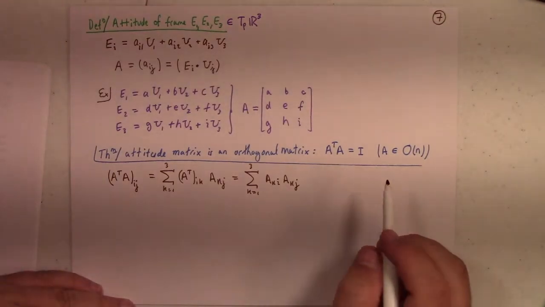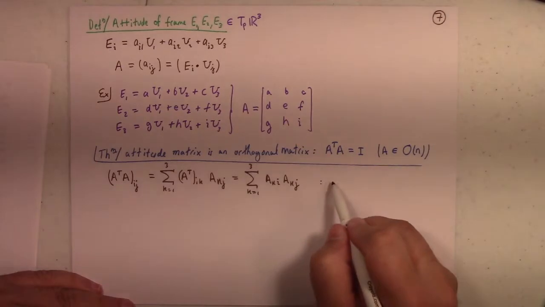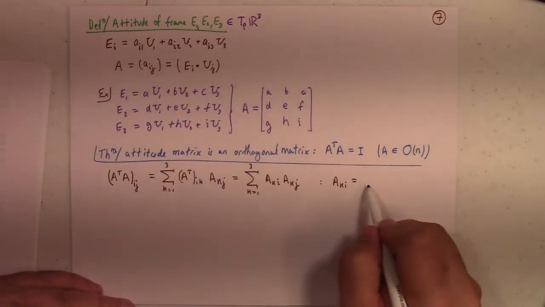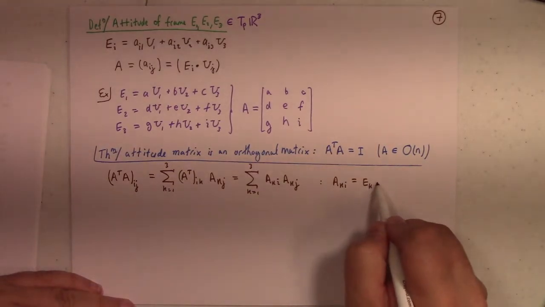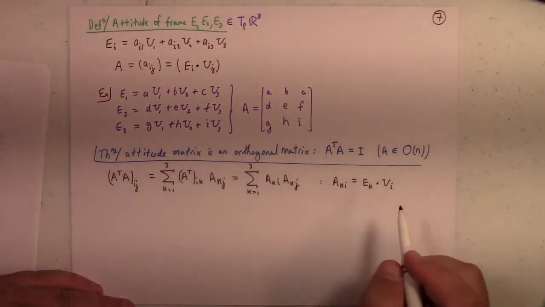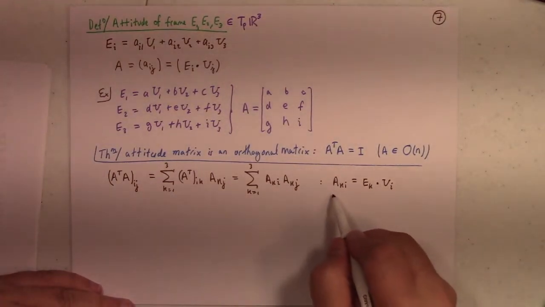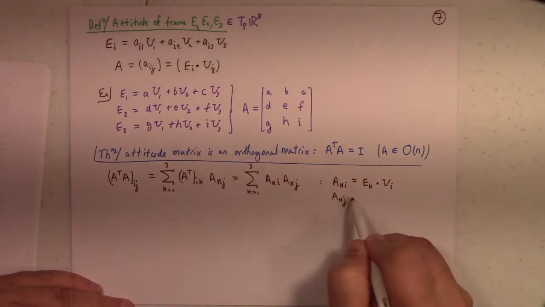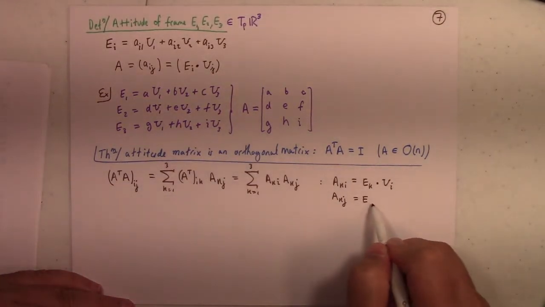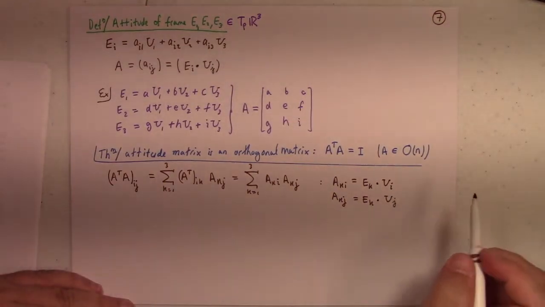And then, okay, well, remember what we just said a second ago. A_ki would be equal to E_k dot U_i, and A_kj would be E_k dot U_j. All right.